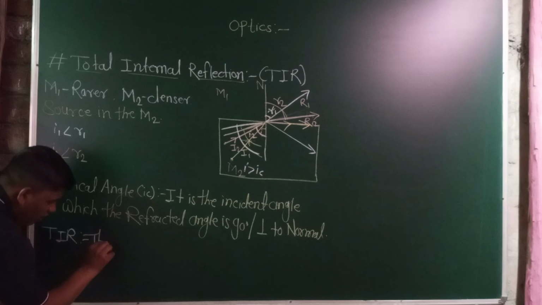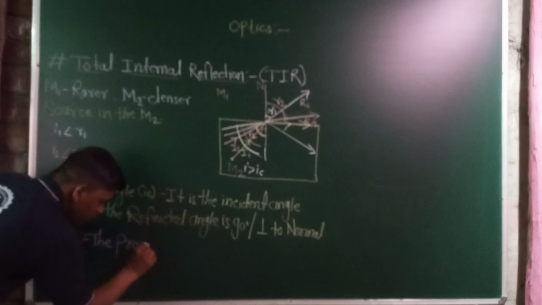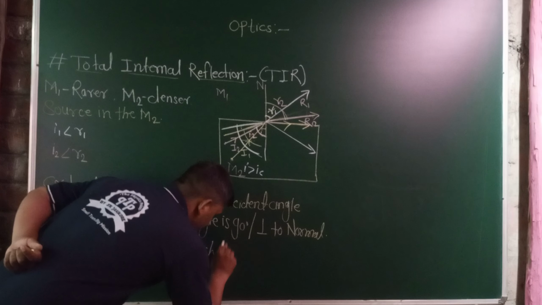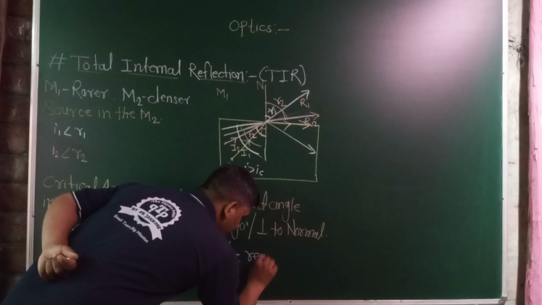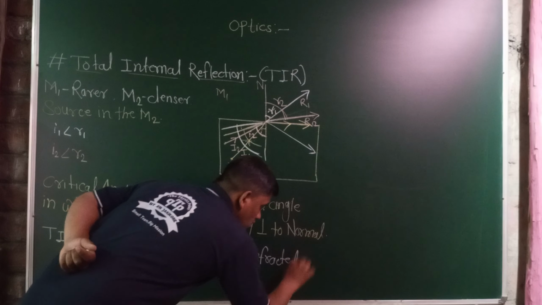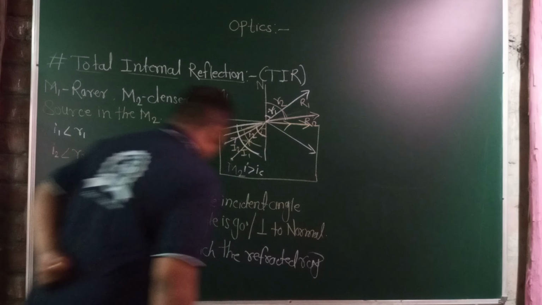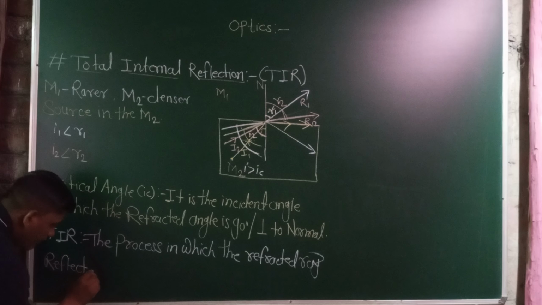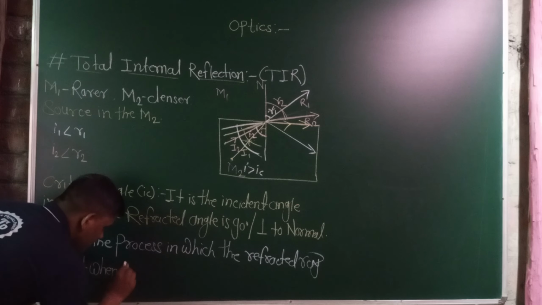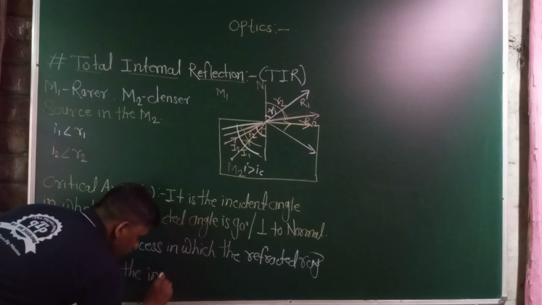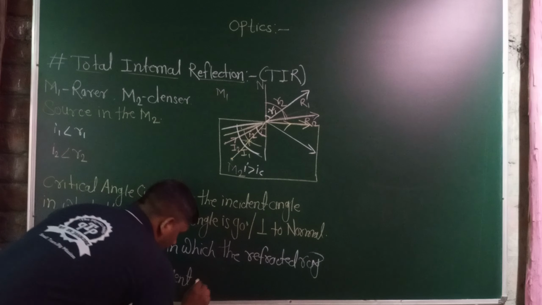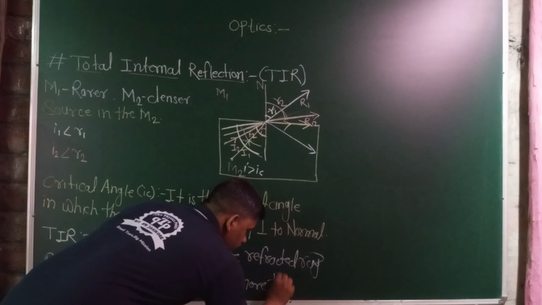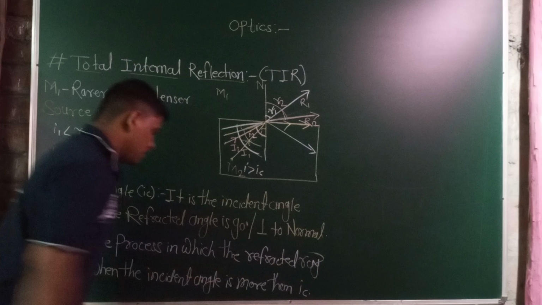TIR. The phenomenon, the process in which the refracted ray is reflected when the incident angle is more than ic, the critical angle.